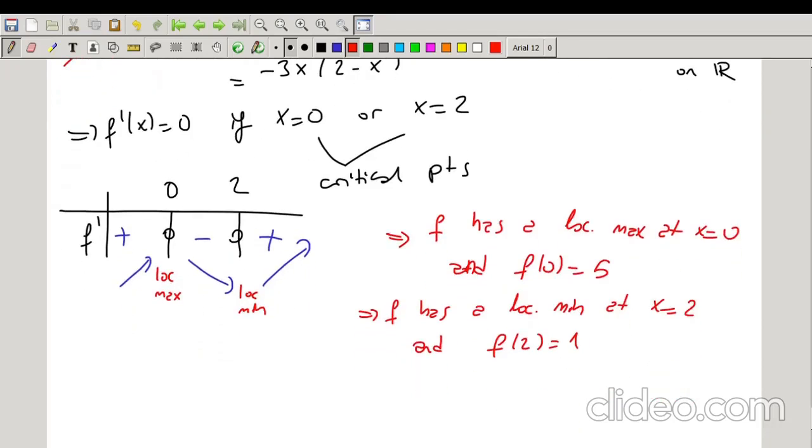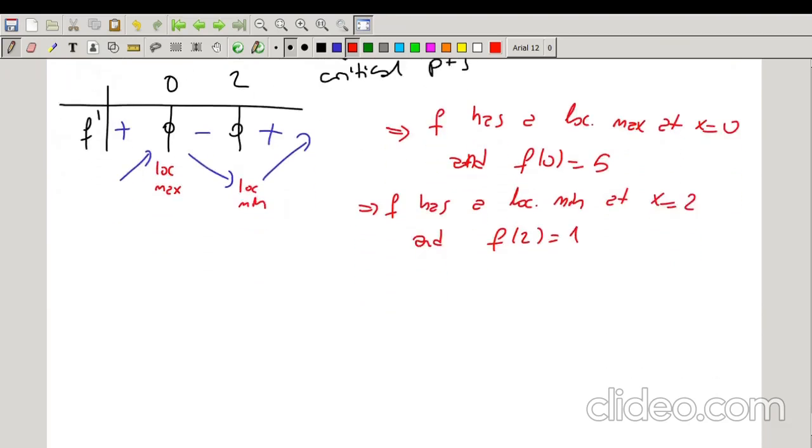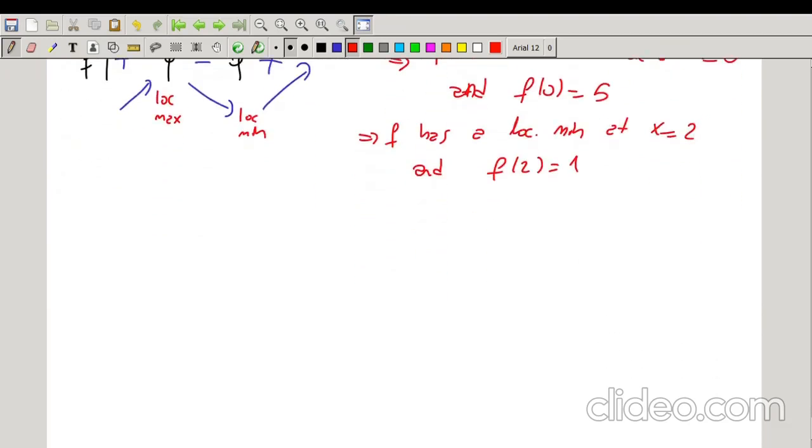Since f is a polynomial, f has no singular point. You can just check it. You can just state, okay, we have for polynomials, for continuous functions, and since the derivative is defined everywhere, it has no singular point.